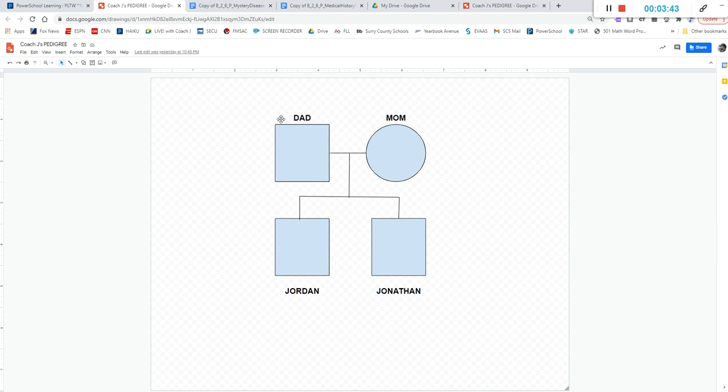We know that because he has a square, and then my mom, who is female, has a circle, and then this right here is called a marriage line, and then this is my brother, and then this is me. So my brother and I are both males, men, so we have squares. And because the square and the circle are shaded, this is the trait that we are tracking. So because it's shaded, we possess this trait, or we have this trait, which means we can roll our tongues.